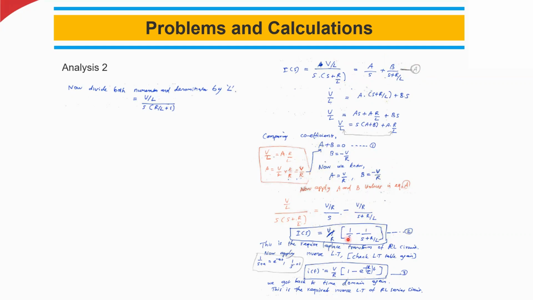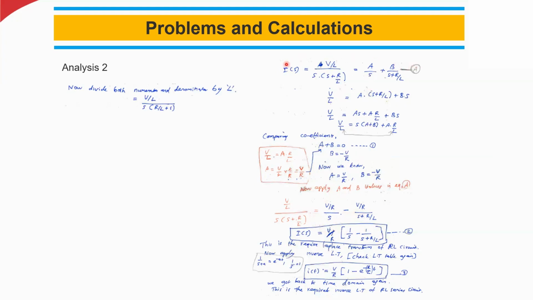The equation will become: capital I of S is equal to V divided by R times 1 divided by S minus 1 divided by S plus R divided by L. This is a very simple way of simplification.